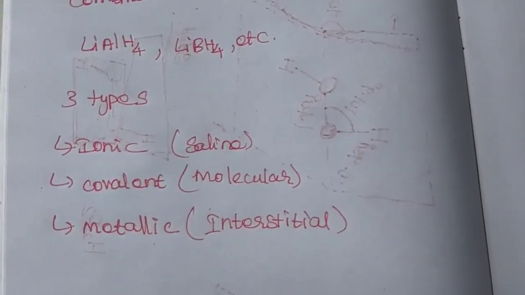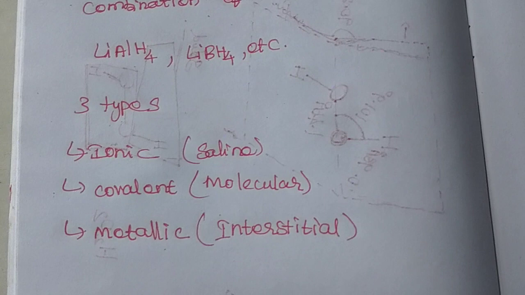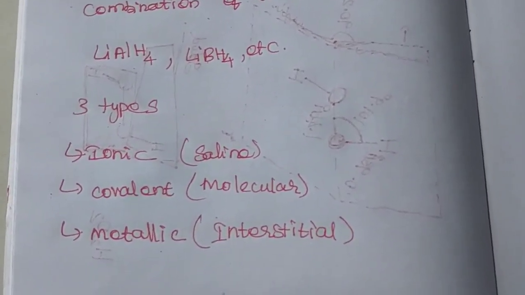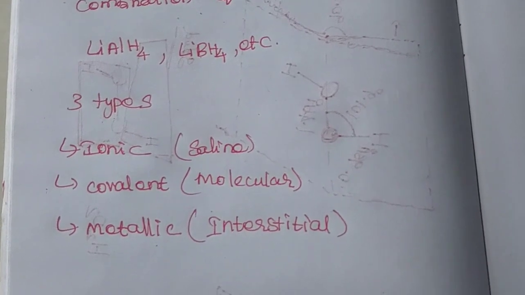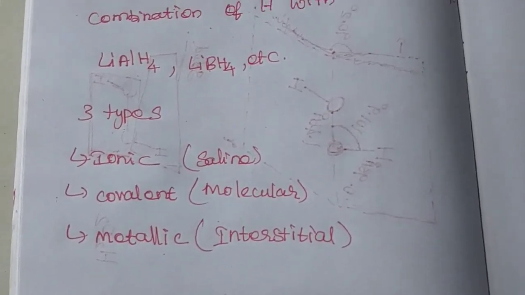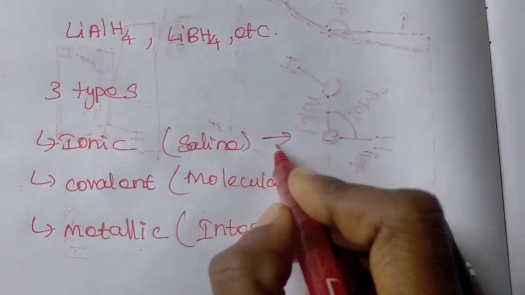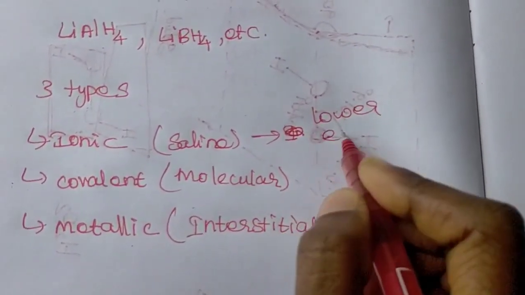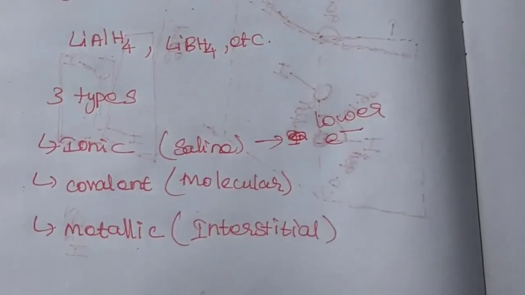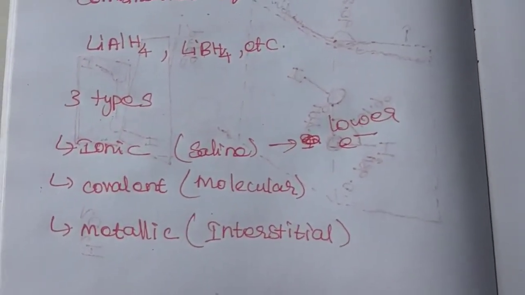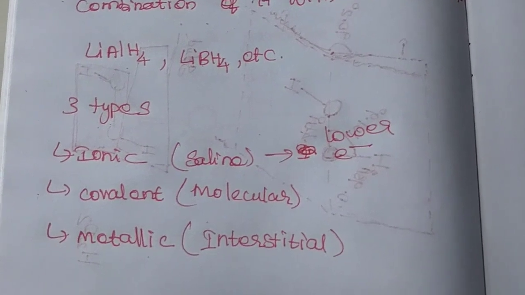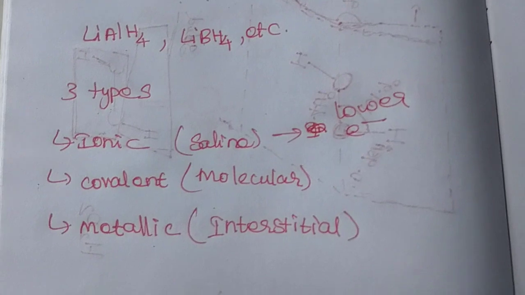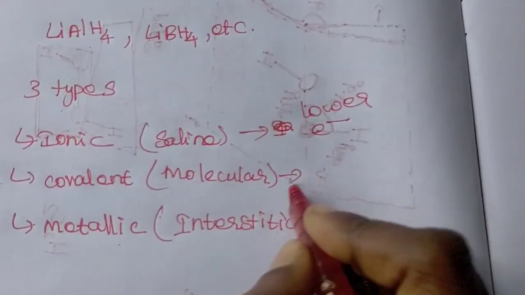In ionic hydrides, hydrides are formed with elements that are lower in electronegativity than hydrogen. When the element combined with hydrogen has higher electronegativity than hydrogen, it forms a covalent hydride.